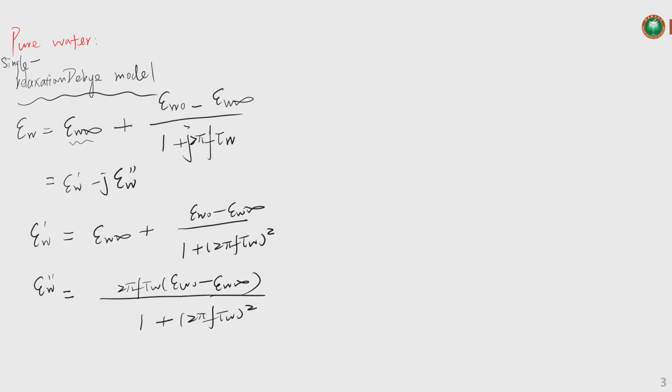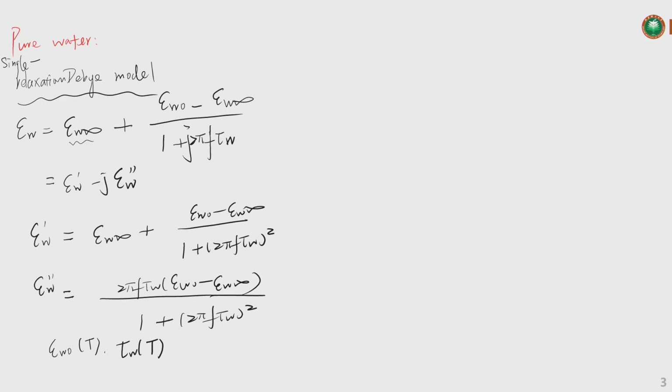Which terms are temperature dependent? The value at frequency equals 0 is temperature dependent, and the relaxation time is also temperature dependent. That means the maximum, especially for the imaginary part, is usually temperature dependent.